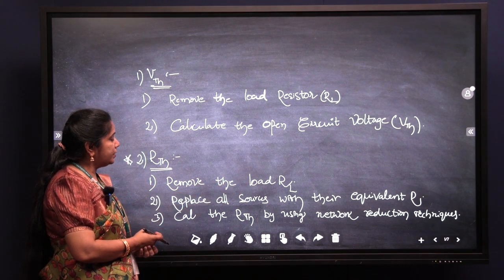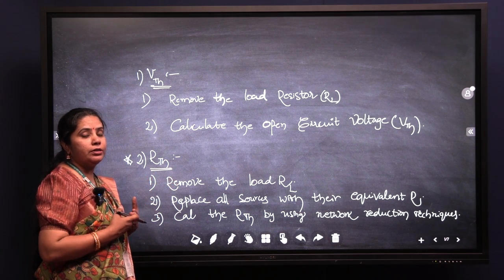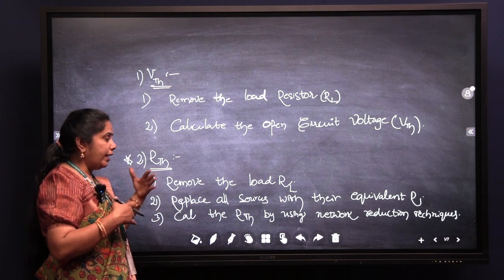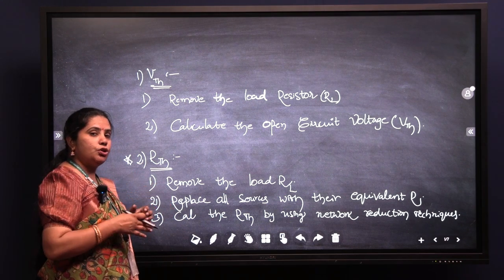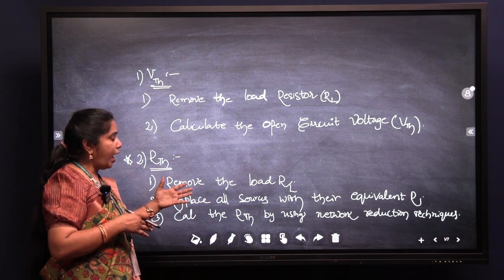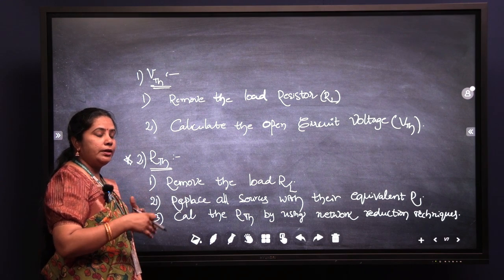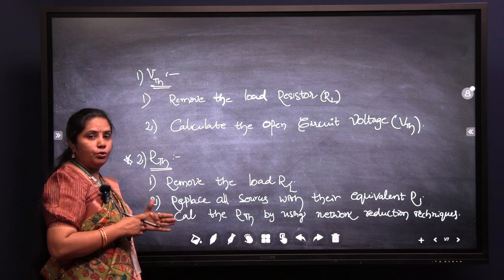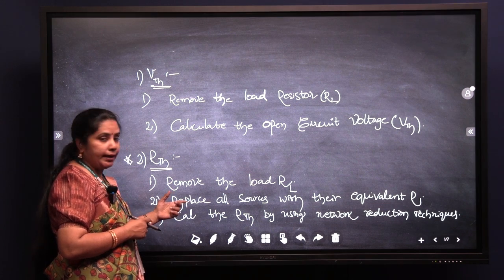The sources you will get in the network are voltage sources and current sources. Wherever voltage sources are present, replace them with a short circuit. If any current sources are present, replace them with an open circuit. So short circuit the voltage sources and open circuit the current sources.